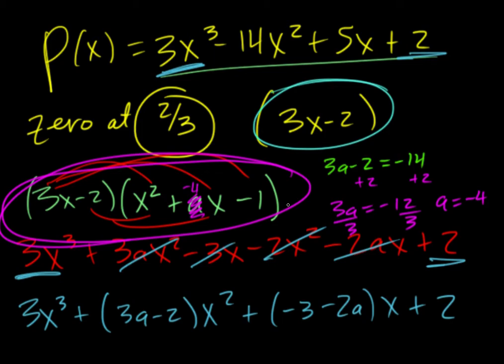And then from here, I guess that's not our answer, sorry. We want to find the zeros. But what that allows us to do, let's see, I need some room.